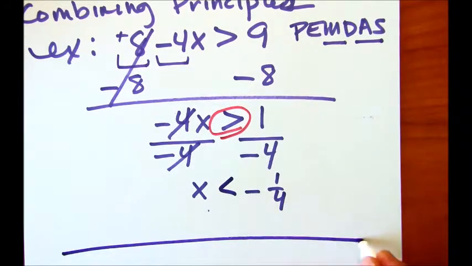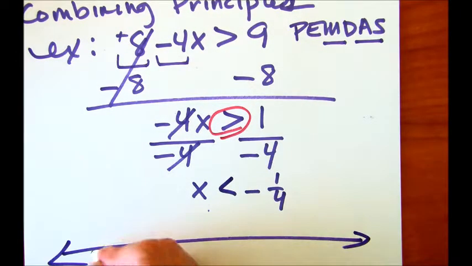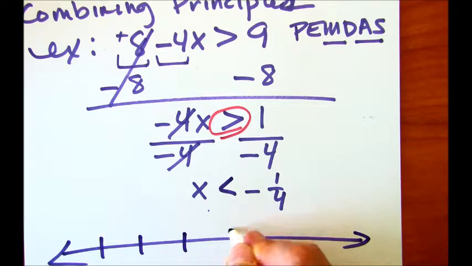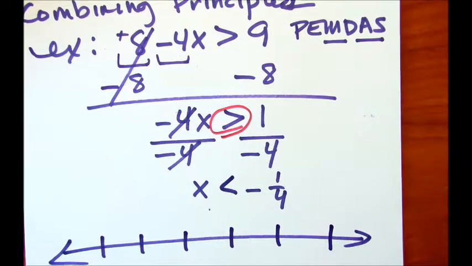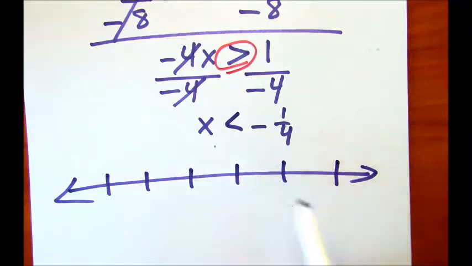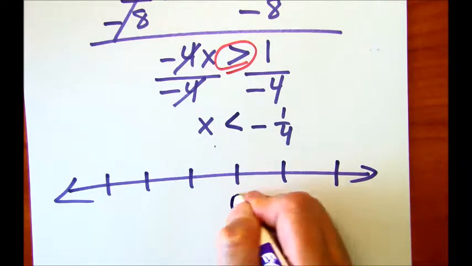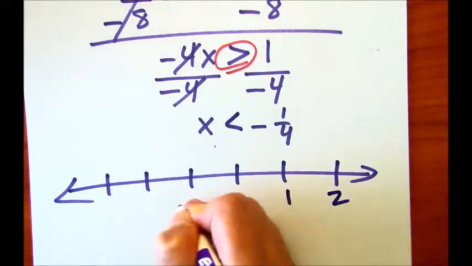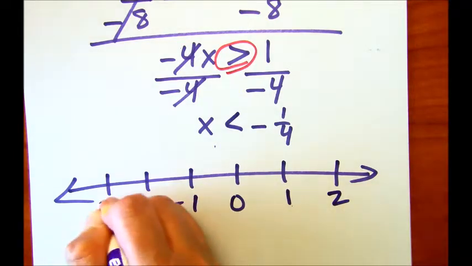Okay, so I'm going to sketch out a number line. And let's see, x is less than negative 1/4. So let's say this is 0, this is 1, this is 2, -1, -2, -3.